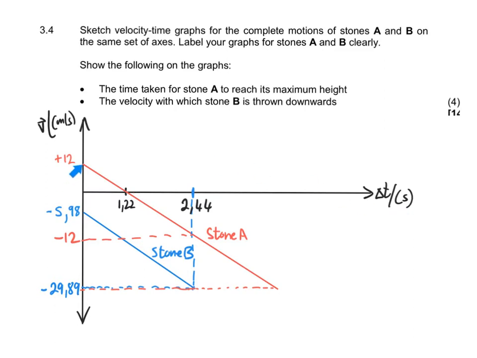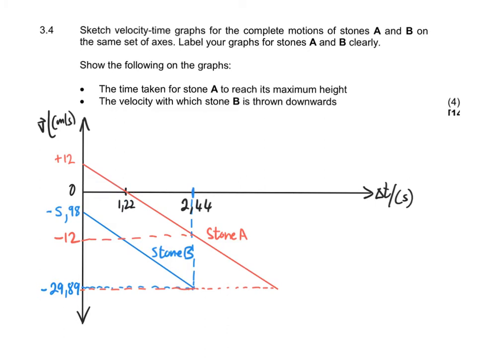Stone A starts at plus 12 meters per second. We're using plus, according to our sign convention, plus is up. Stone A starts upwards at plus 12 meters per second and is decelerated until it reaches 0 meters per second after 1,22 seconds.